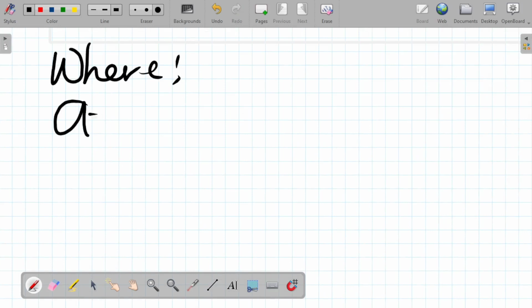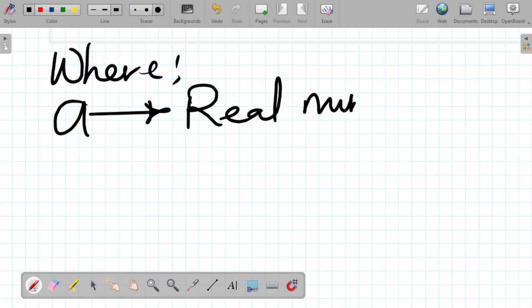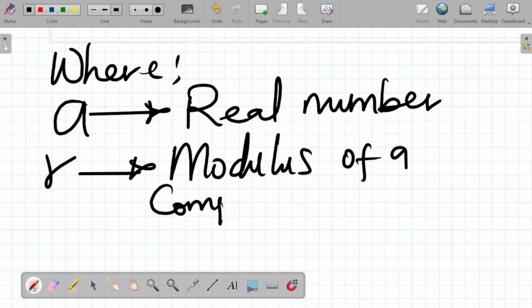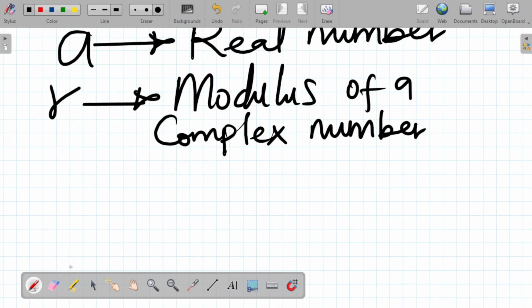Where a is the real number, r is the modulus of a complex number, and then theta is the angle or argument.